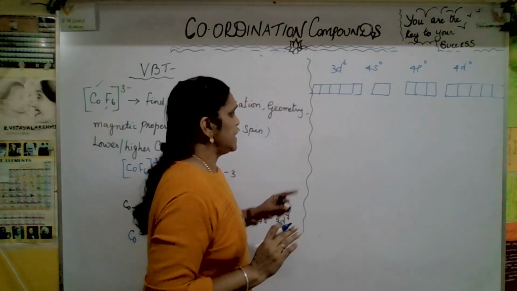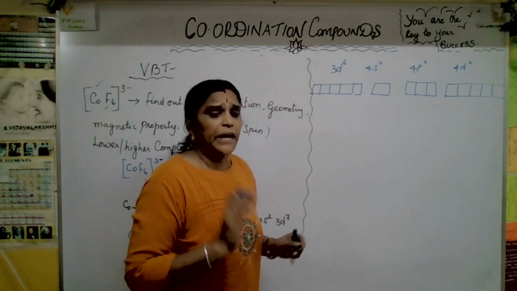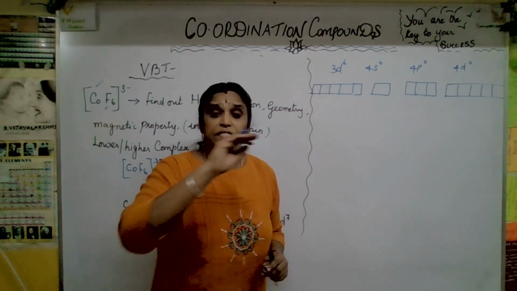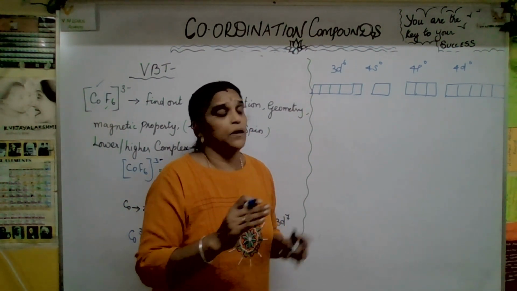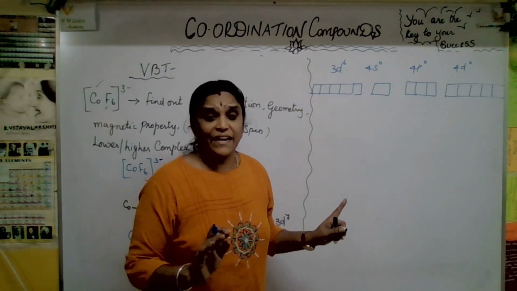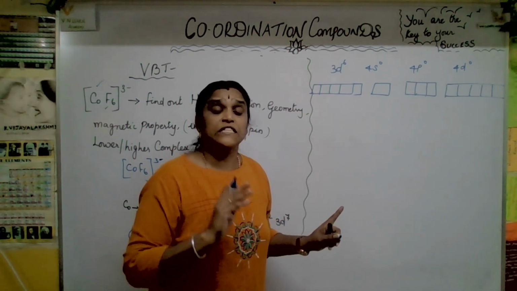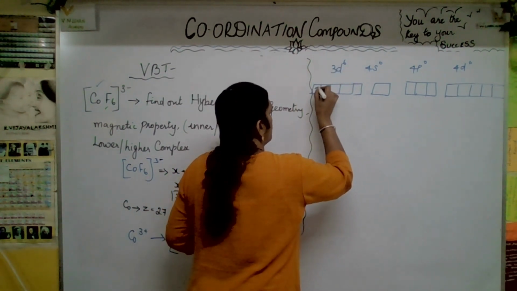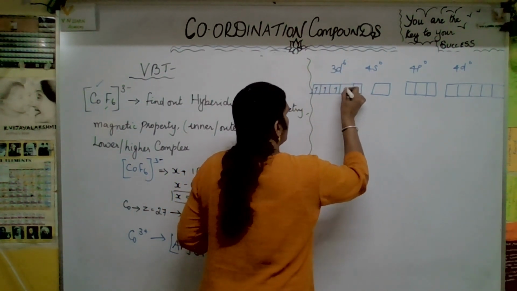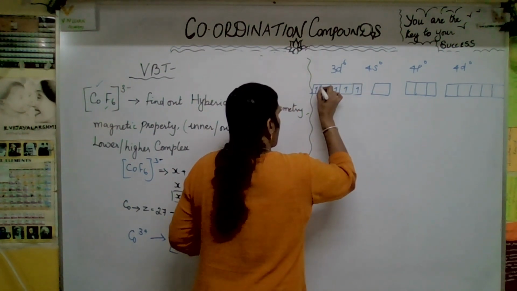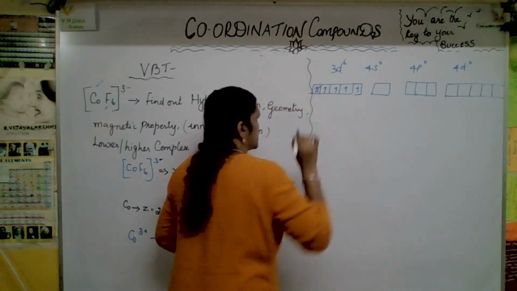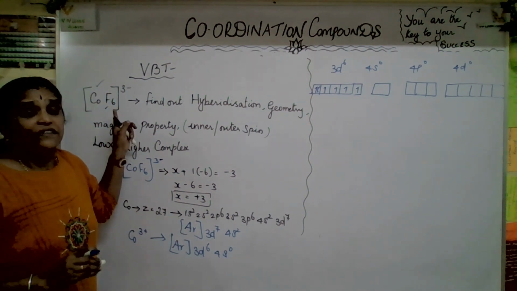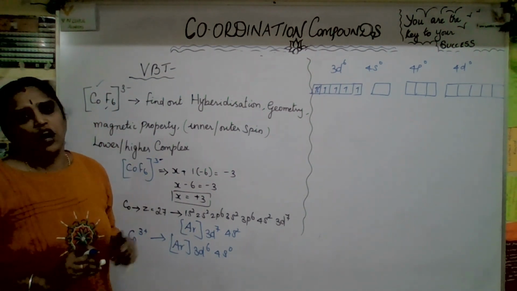Now, according to Hund's rule, electrons will fill singly first, then they have to pair up. But here we cannot identify like this. This is a coordination complex compound. So here 6 electrons are there now: 1, 2, 3, 4, 5, and here 6. Now, is this weak field or strong field?